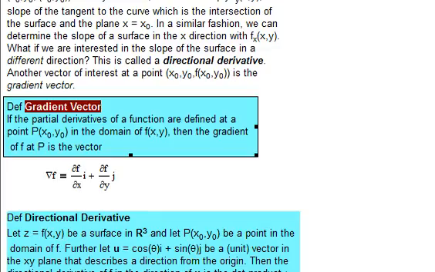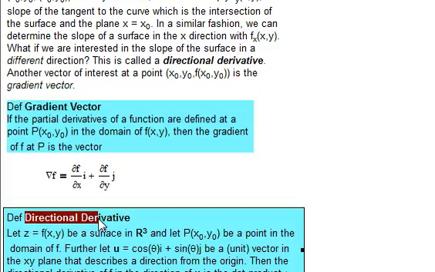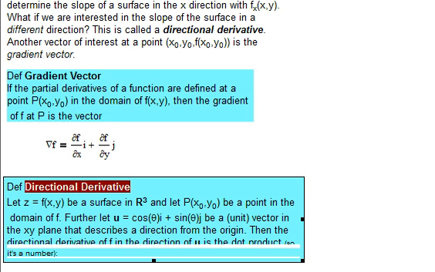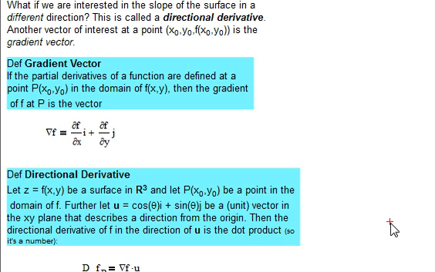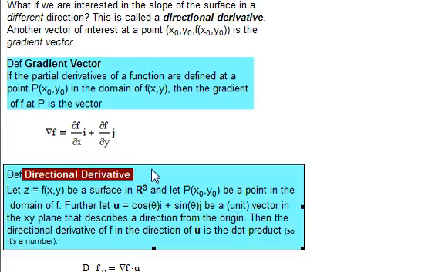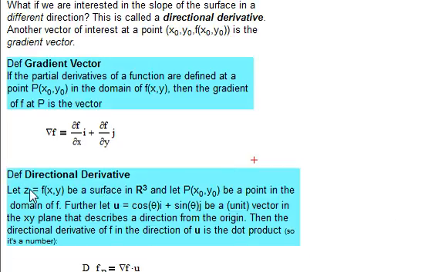It's the slope of that line or that intersection of the surface and the plane, and that's understandable. But now we're going to make this even better. We're going to say we can find the slope of the surface in any given direction, and that's called the directional derivative, right?